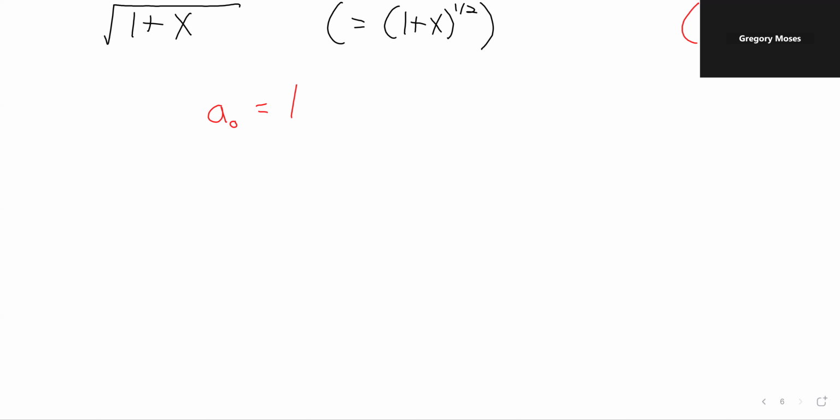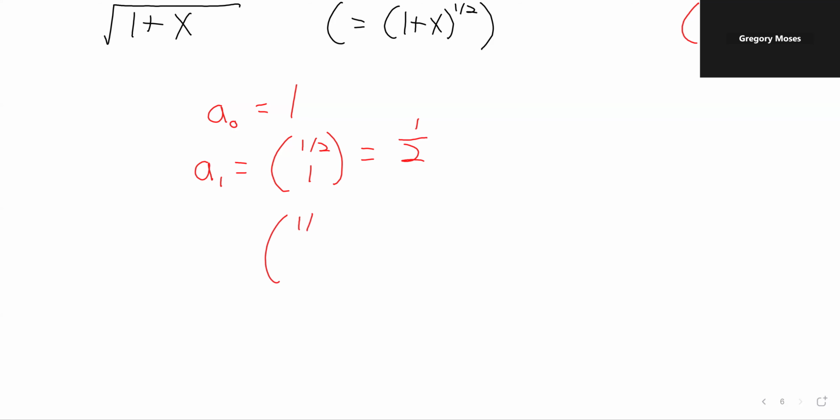The square root of 1 is 1. A sub 1 is 1/2.